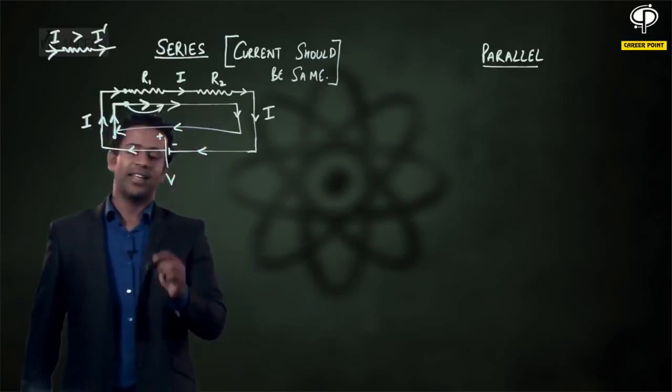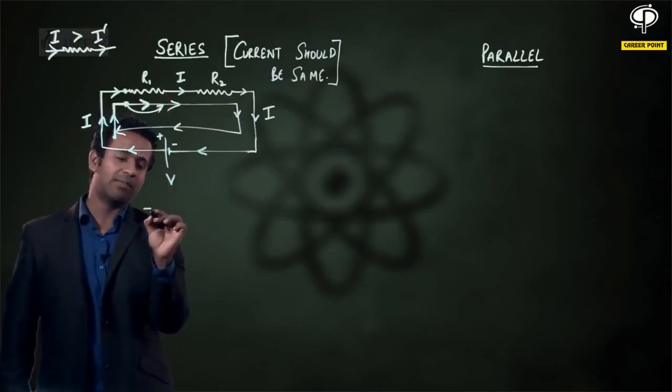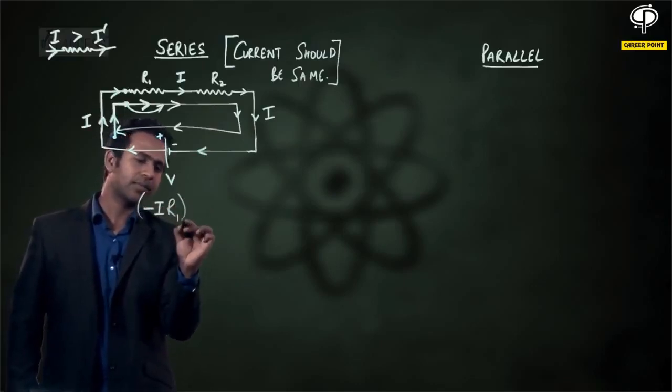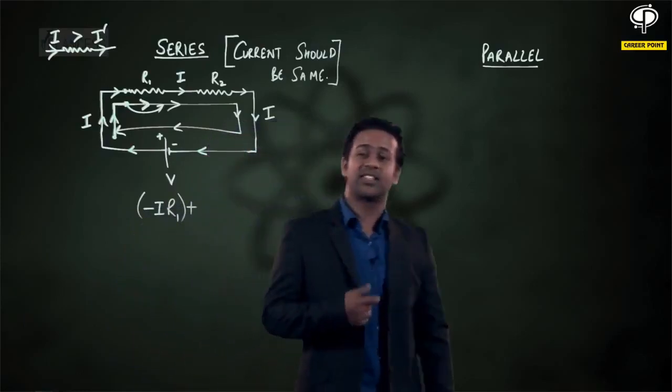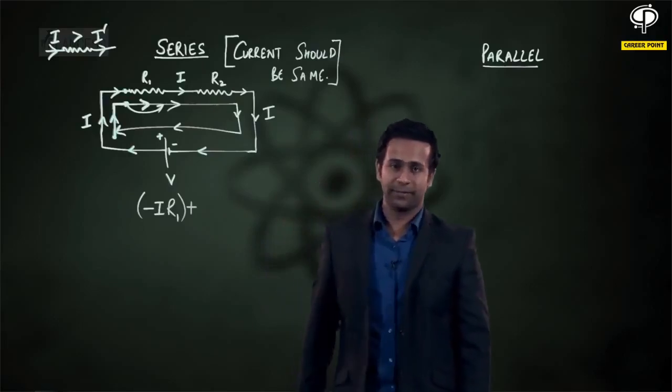So we can write the first potential difference, which is across R1, as minus I R1. This is because the current is flowing in the same direction as the direction of our movement.